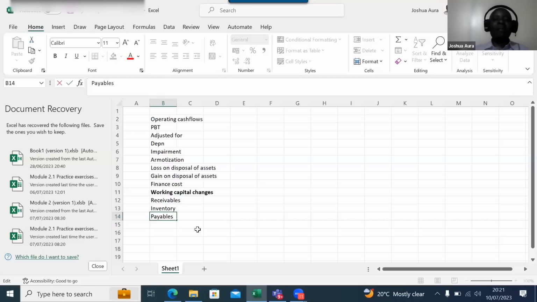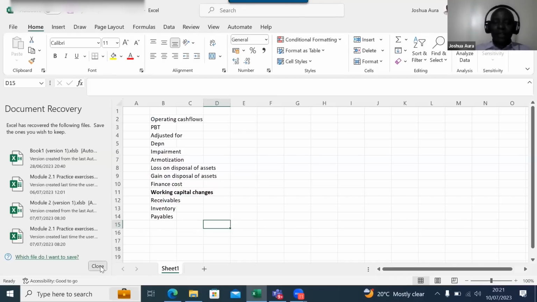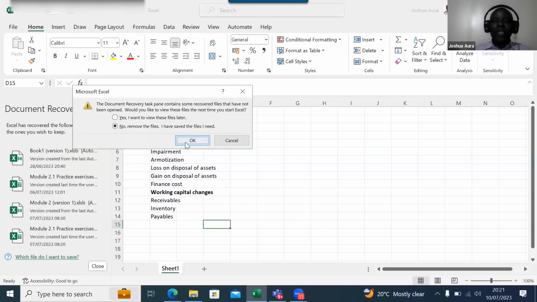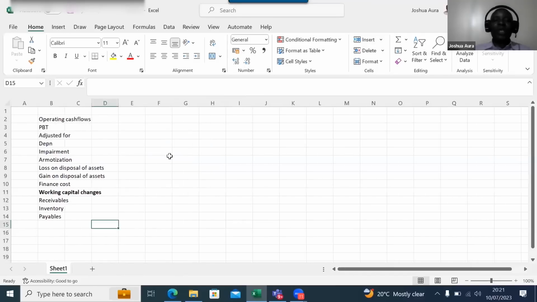And then remember, as you copy this down, you have to be leaving some space in between, because at the end of the day you may be required to add a few items here and there.